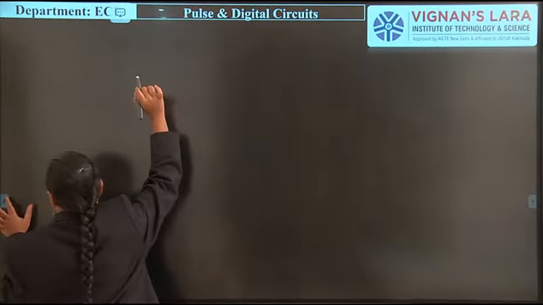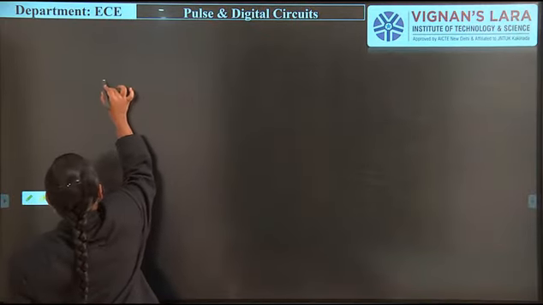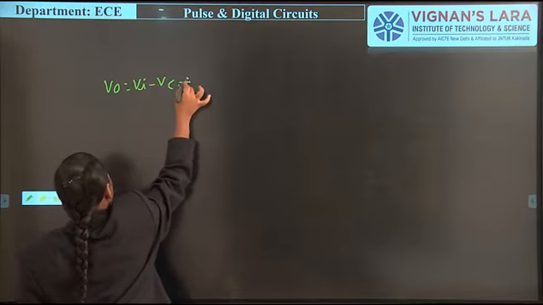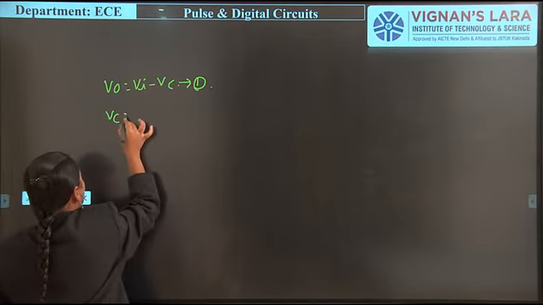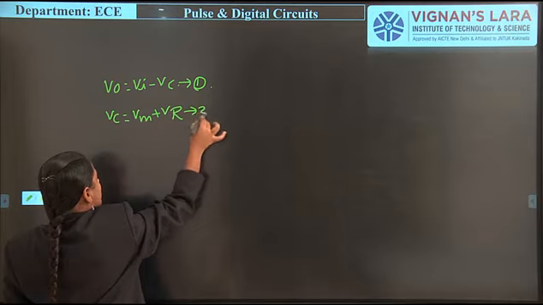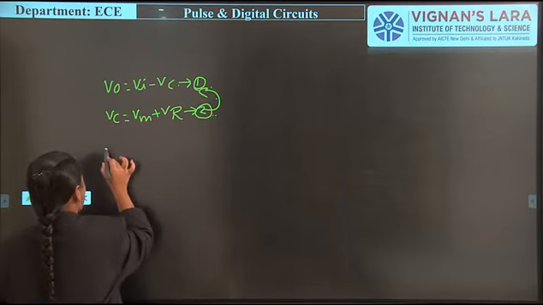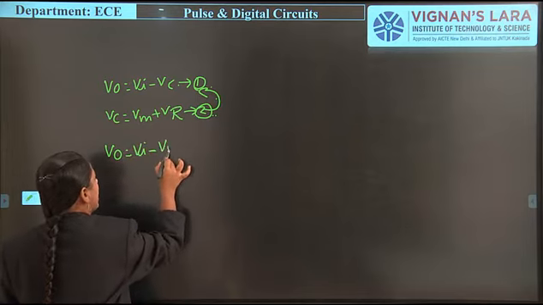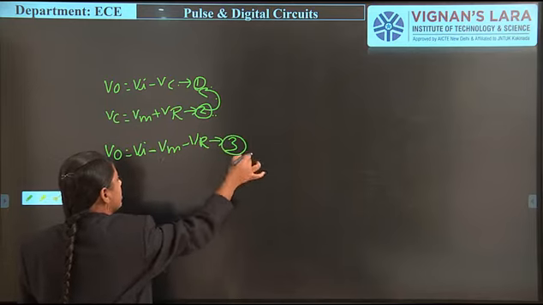What is the value of V naught? V naught is equal to Vi minus Vc, and this is equation number 1, and equation number 2 is Vc equal to Vm plus Vr. Substitute equation 2 in equation 1. Then V naught is equal to Vi minus (Vm plus Vr). This is the final equation, equation number 3.